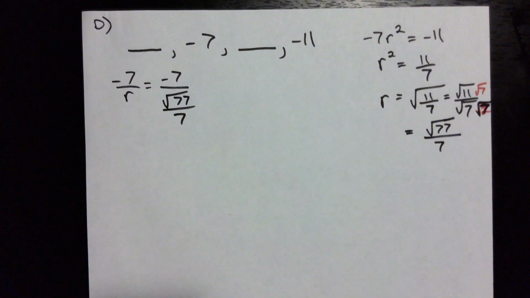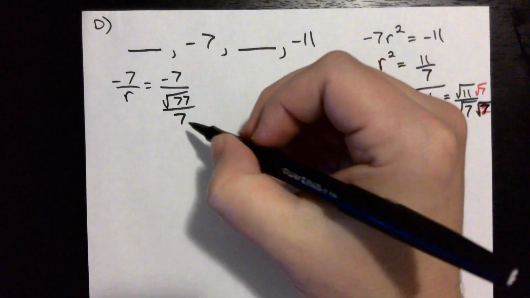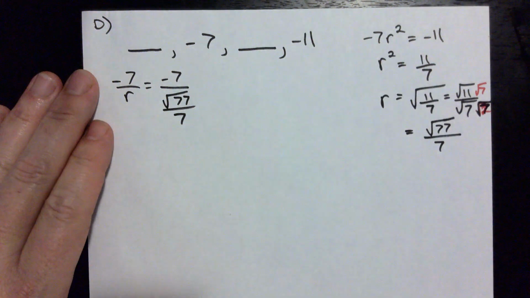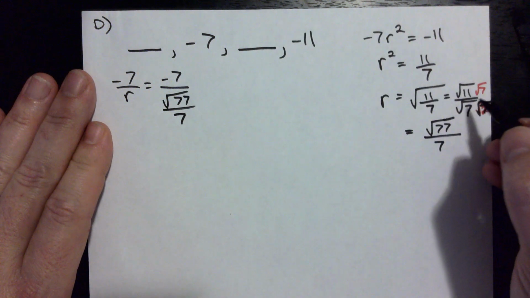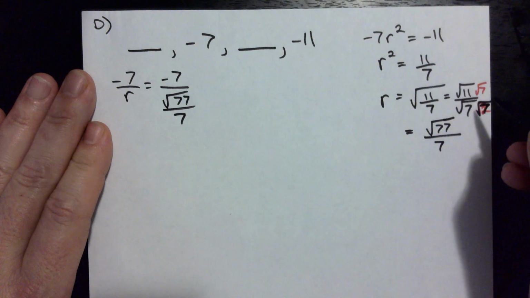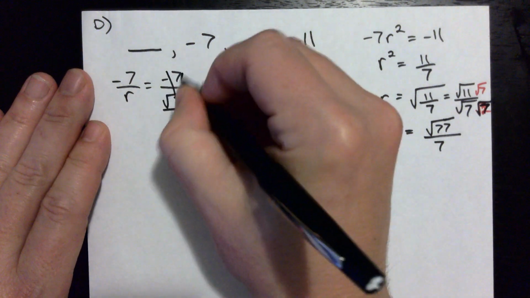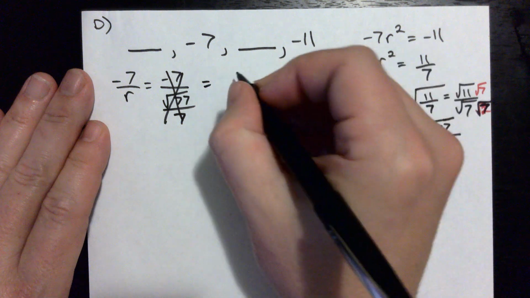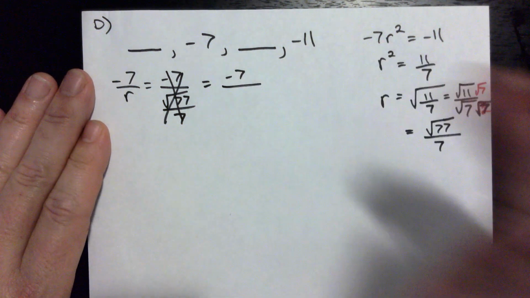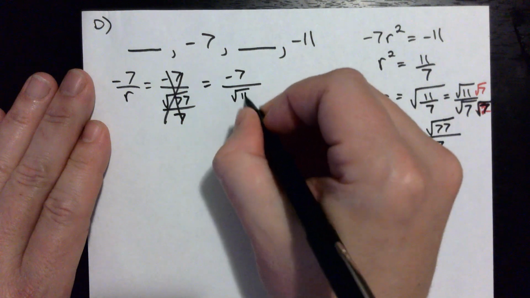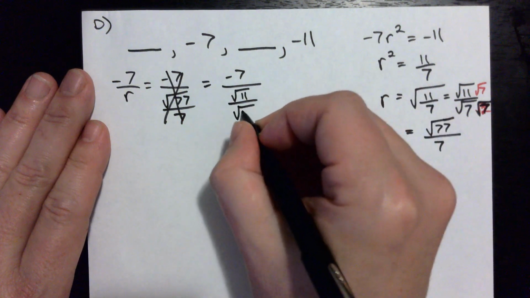That one might not be the best one to use. I can see it would leave the square root on bottom, a big square root. So let's not do that. Let's use it in this form, square root of 11 over square root of 7. So we'll be equal to negative 7 over r, but now I'm going to use r as this form, which would be the square root of 11 over the square root of 7.